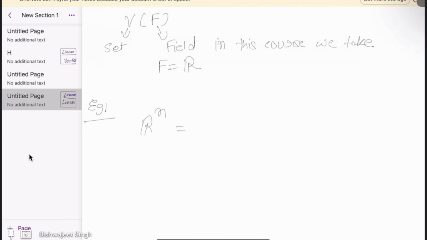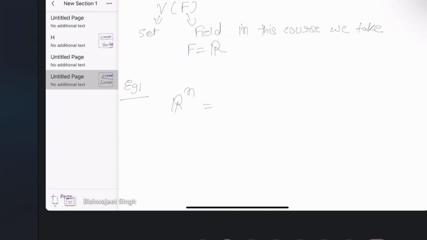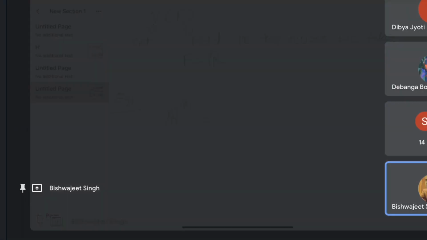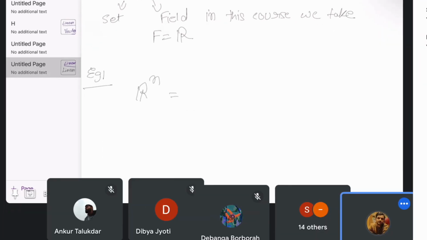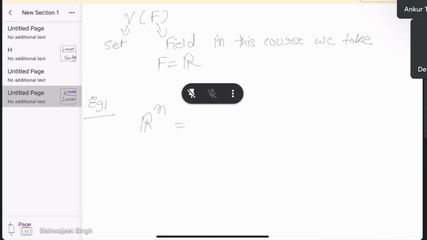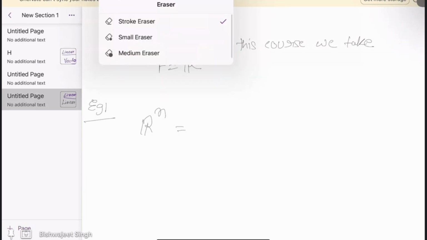Can anyone tell me what is Rn? How do we write Rn? What is the type of element of Rn? How does the element of Rn look like? So let us start with even less.